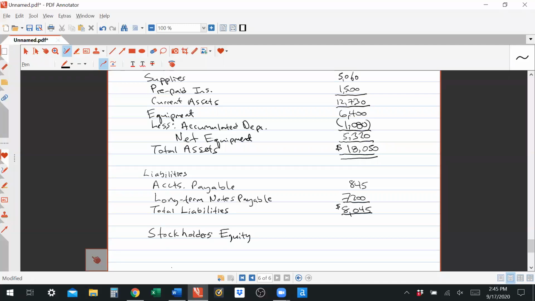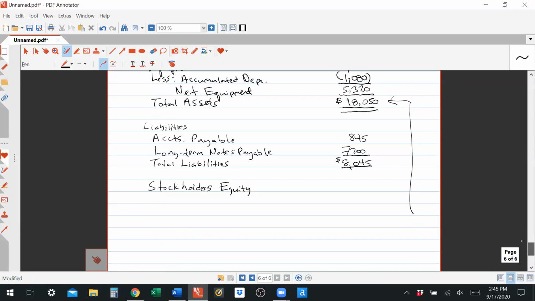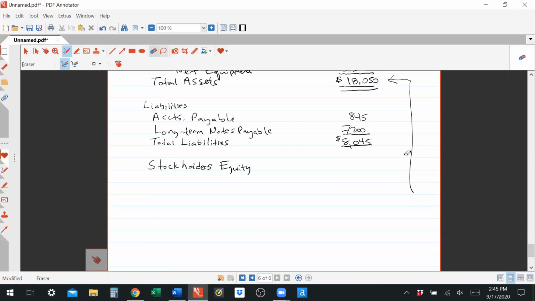Would 8,045 be double underlined? No, because we're going to add the 8,045 to the total stockholders' equity to get the total of both of those. And the two double underlined things should be equal to each other, which would be the assets and the sum of liabilities and owner's equity. So we'll get to that down here, but good question.